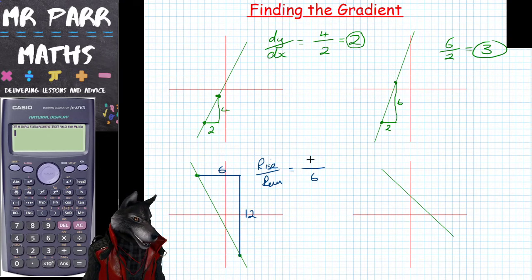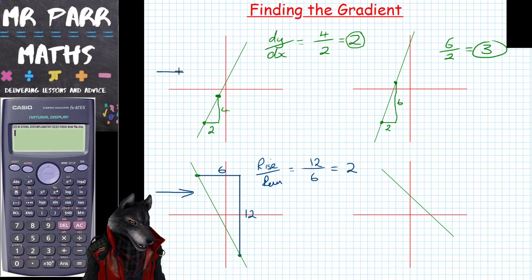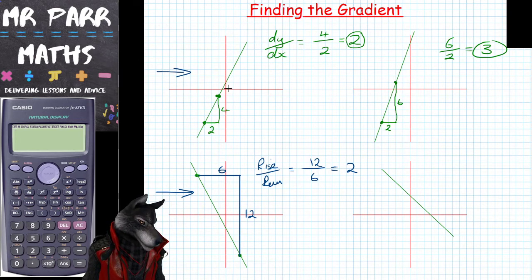Because if I was to put 12 here, that would give me an answer of 2 again, because 12 divided by 6 is 2. But how can this graph have the same gradient as this graph when you can see, remember we read graphs from left to right, that this graph is going upwards and this graph is going downwards.